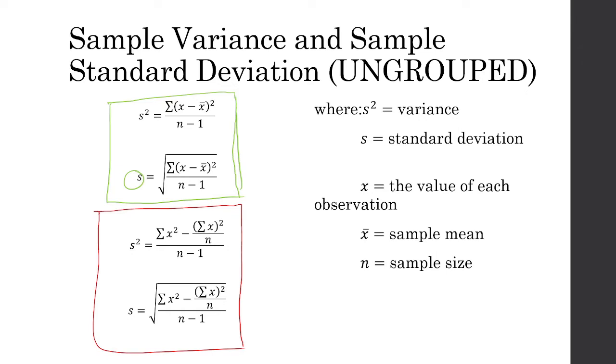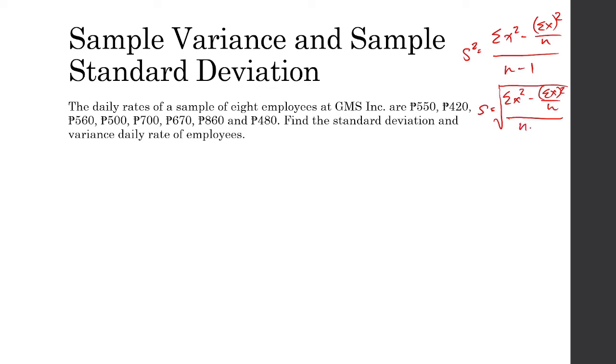So we have here our s squared or variance is equal to the summation of x squared minus the summation of x, squared, all over n minus 1. That is for the variance, and for the standard deviation, that will be the square root of that. So, gano'n lang yung gagawin natin.